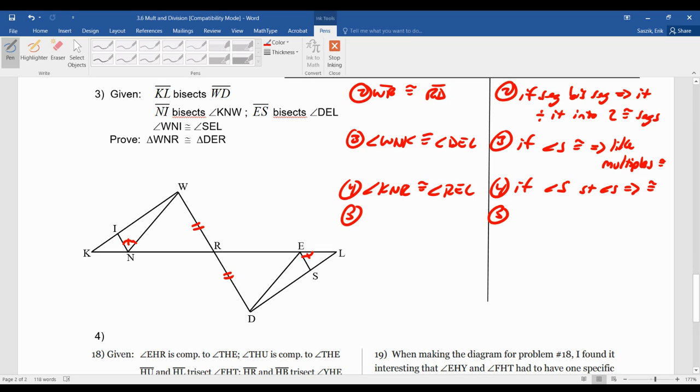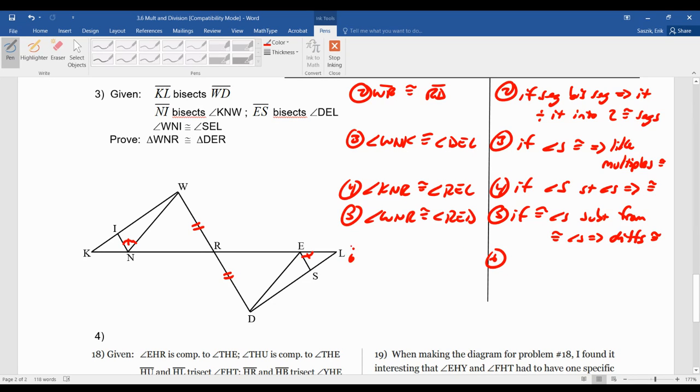Now, since that straight angle is congruent to that straight angle, and this big angle is congruent to this one from like multiples, I can get this little angle, angle WNR, congruent to this little angle, RED, from subtraction: if congruent angles subtracted from congruent angles, then the differences are congruent.